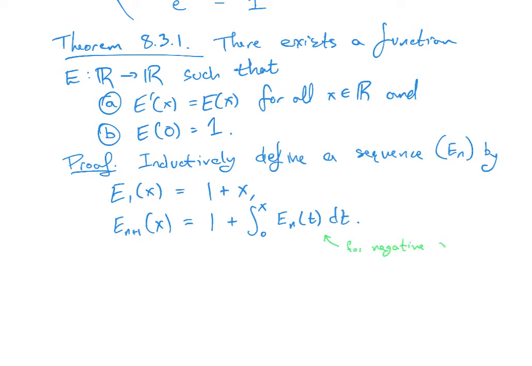You might worry about negative x. Well, for negative x, we're just going to use the convention that if x is negative, then this integral is the negative of the reverse. Is that okay?